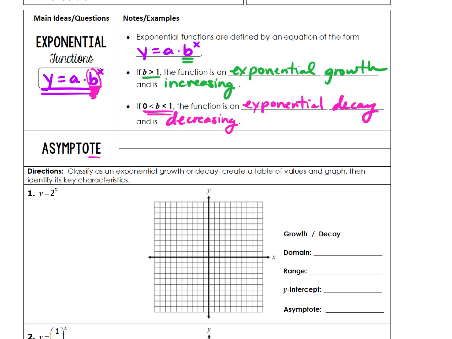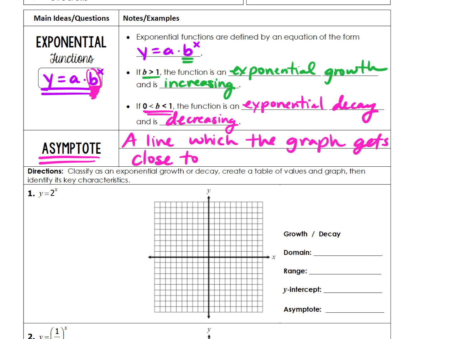There is something called an asymptote. Have you heard that word before? Asymptote? Acetone? Different, but yes, they sound similar. An asymptote is a line that shows up a lot in math. It is a line which the graph gets closer to, or gets close to, but never touches.